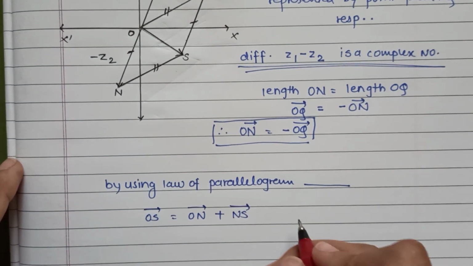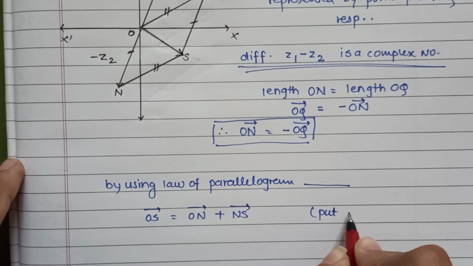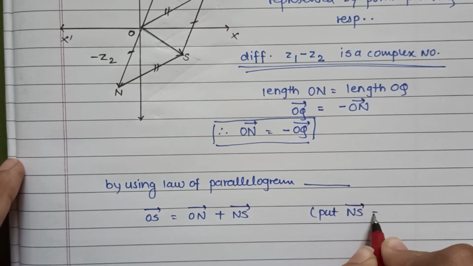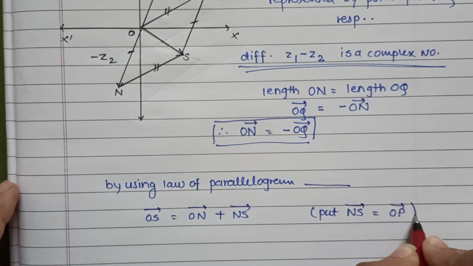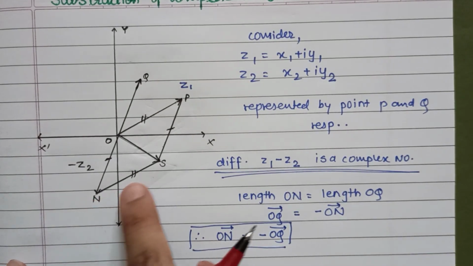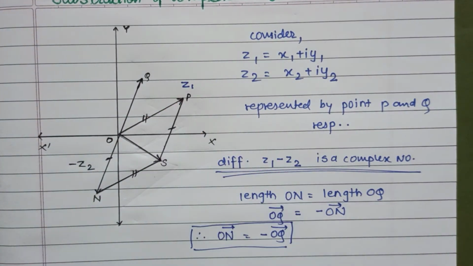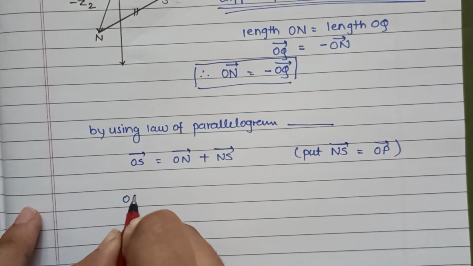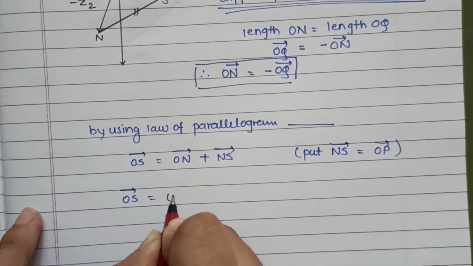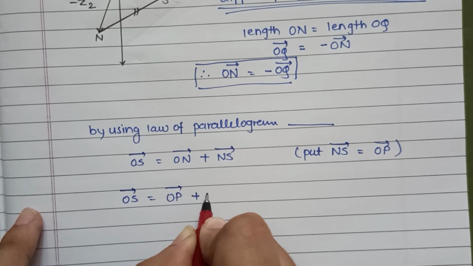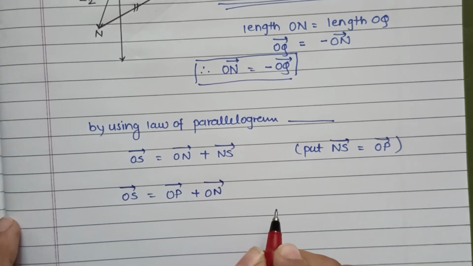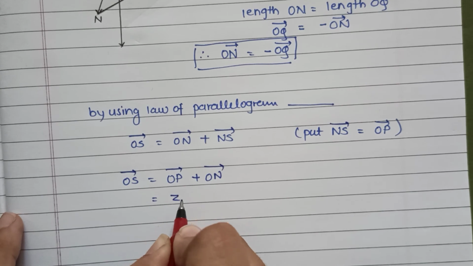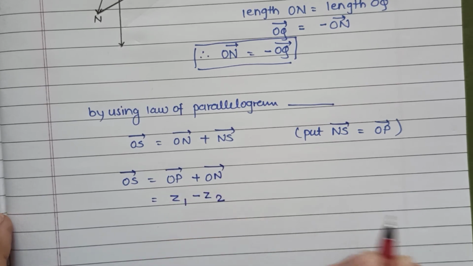Put vector NS is equal to vector OP. Vector OS is equal to vector OP plus vector ON. Put the values, we get Z1 minus Z2.